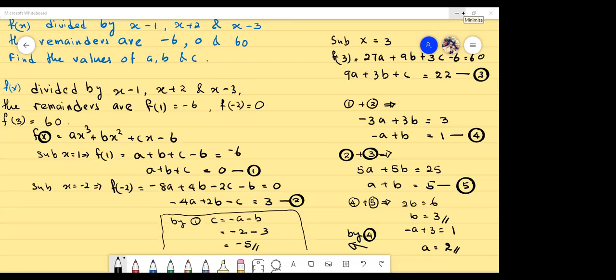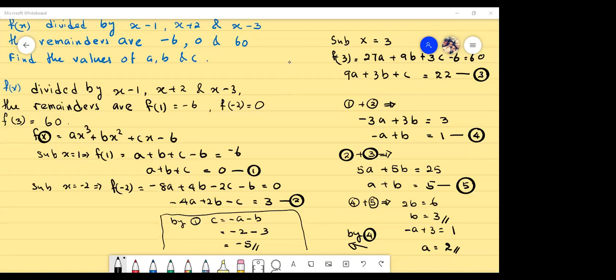Right. Then that is the remainder theorem. Now, the last two questions, we use the remainder theorem and find the unknowns.